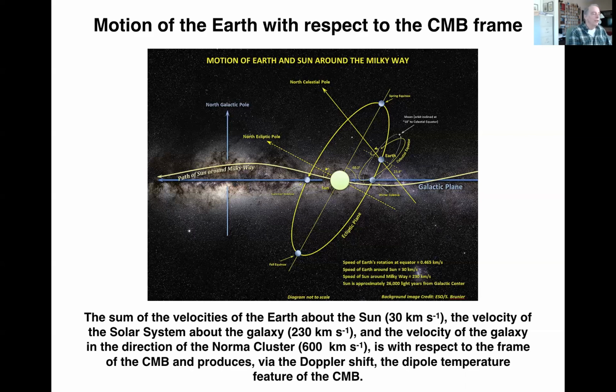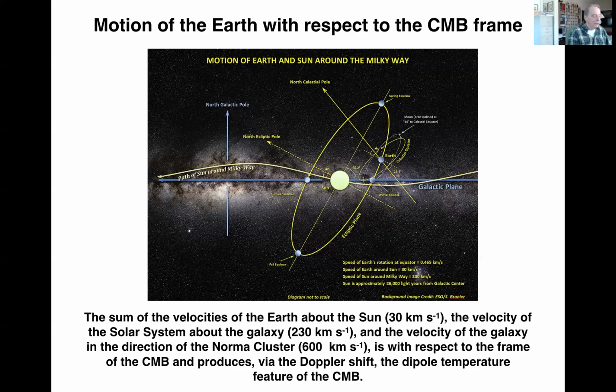And when you add up all these velocities, the velocity of the Earth relative to the CMB turns out to be about 400 kilometers per second. So that accounts for that dipole.